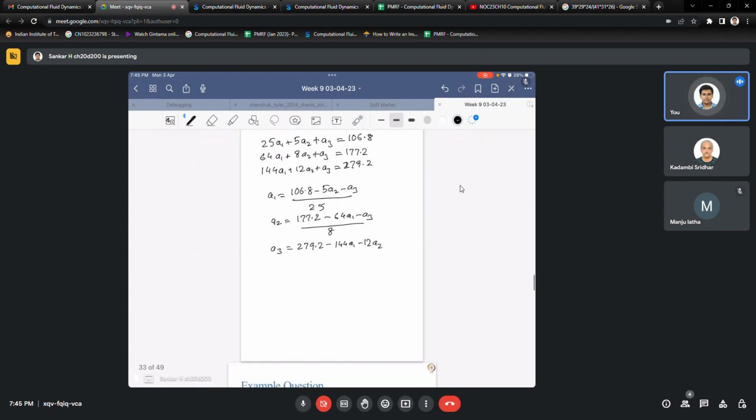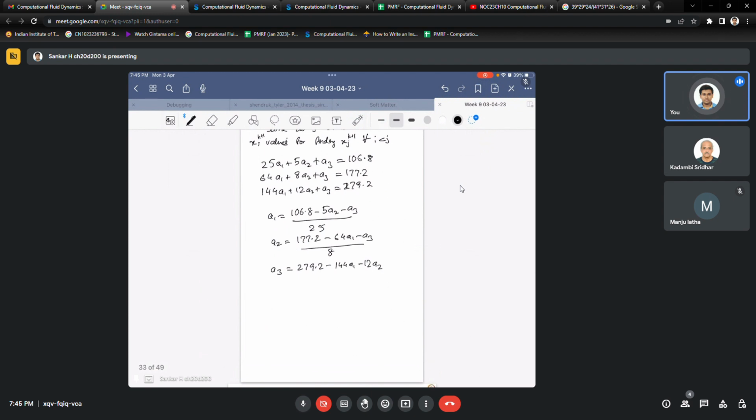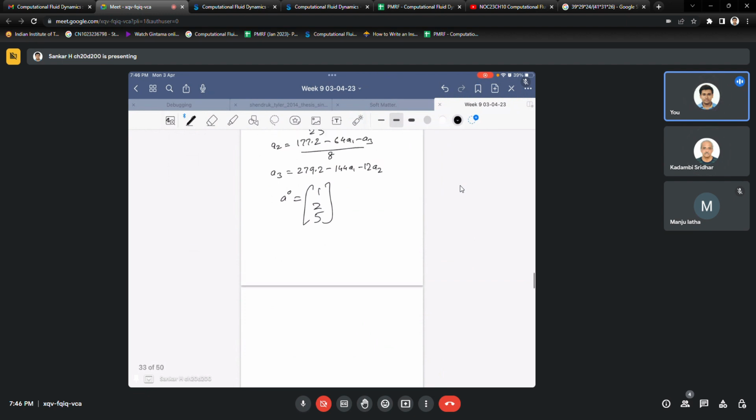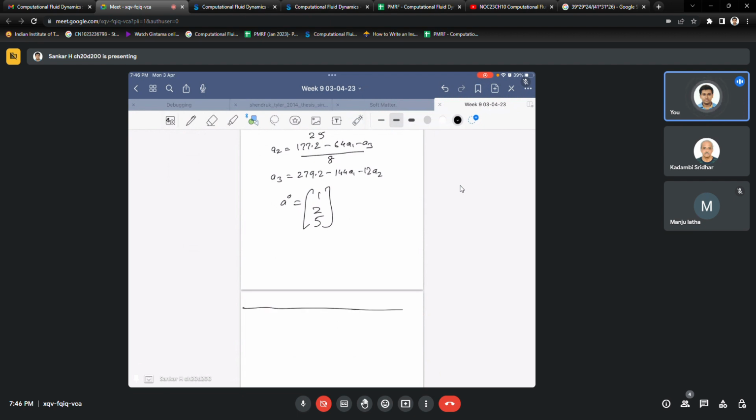Now we have these three equations. We start with the initial guess, a naught to be equal to 1, 2, 5, and we can see how we can find the values over here.